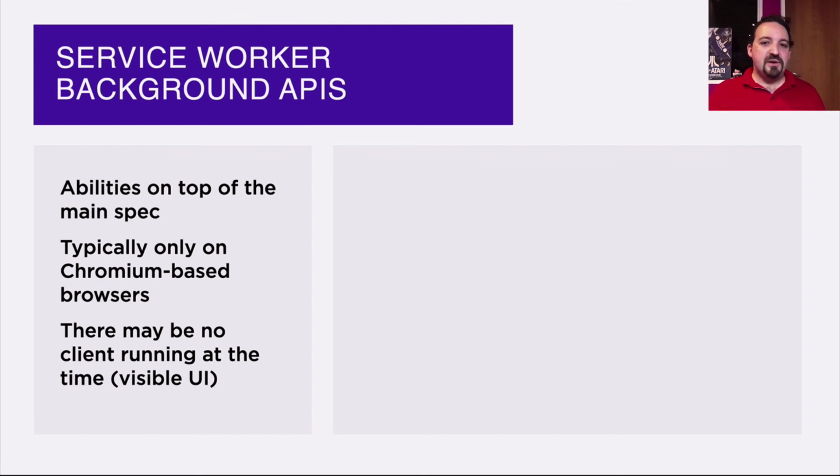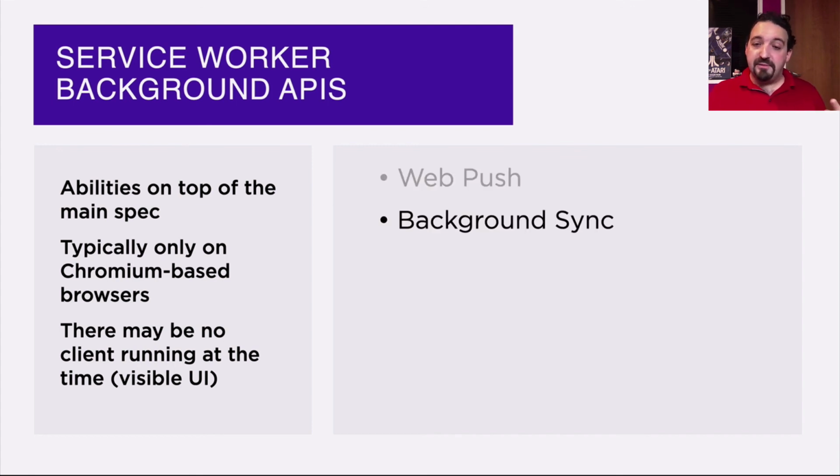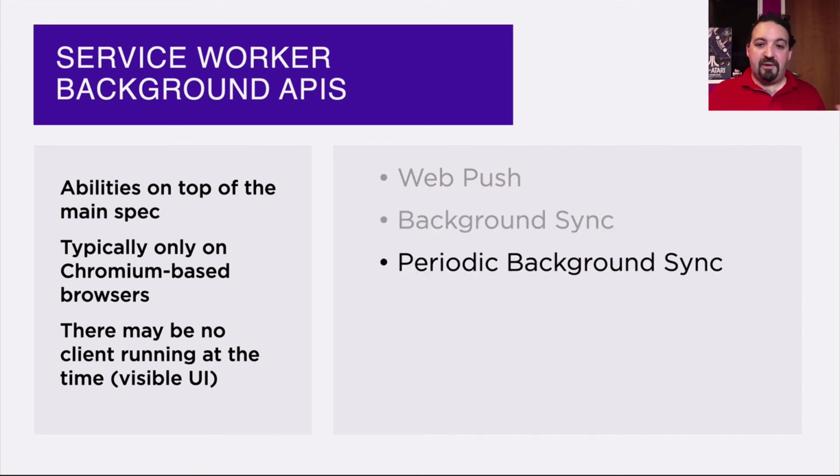So you need to use other techniques such as web notifications. In this umbrella, we have web push, background sync, and periodic background sync, which will let you execute the service worker every once in a while, such as every hour or every morning. In that case, your service worker will be brought up from a stopped state and you can execute code in the background.